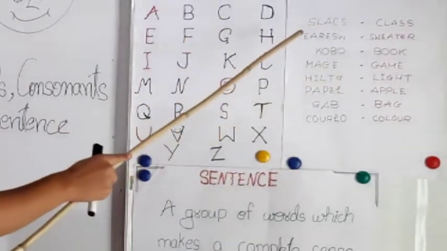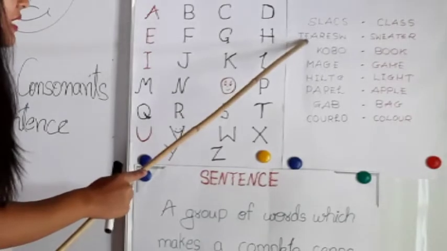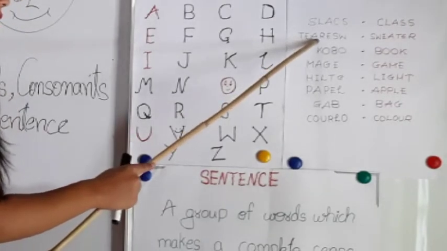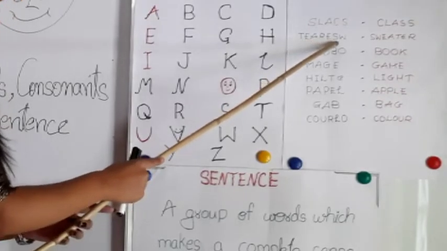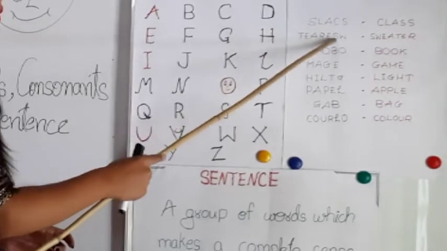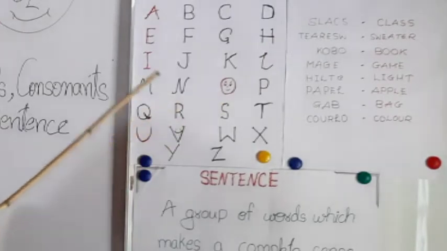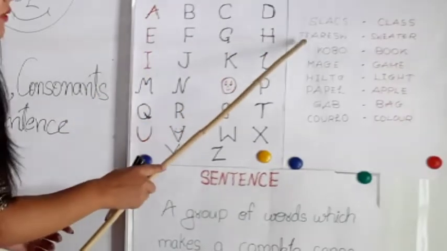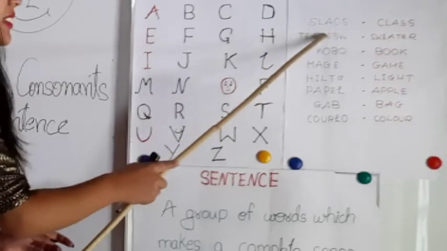Now let's go to the second word. T, E, A, R, E, S, W. This group of letters does not give any meaning. We don't even know how to pronounce these letters.